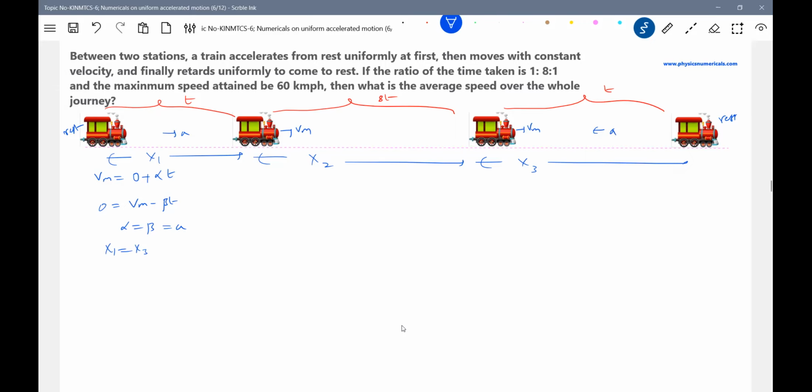The average speed over the whole journey is asked. So now we know the time intervals and we know the distances. What is the basic definition of average speed? Average speed should be equal to x1 plus x2 plus x3 divided by t plus 8t plus t.